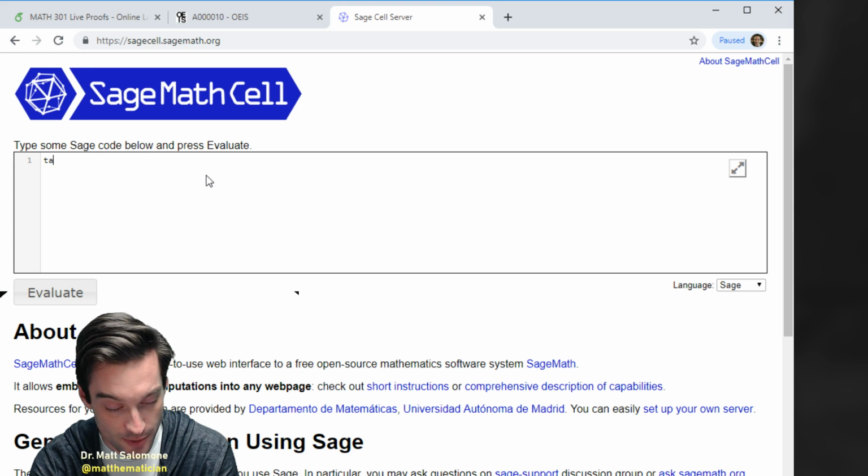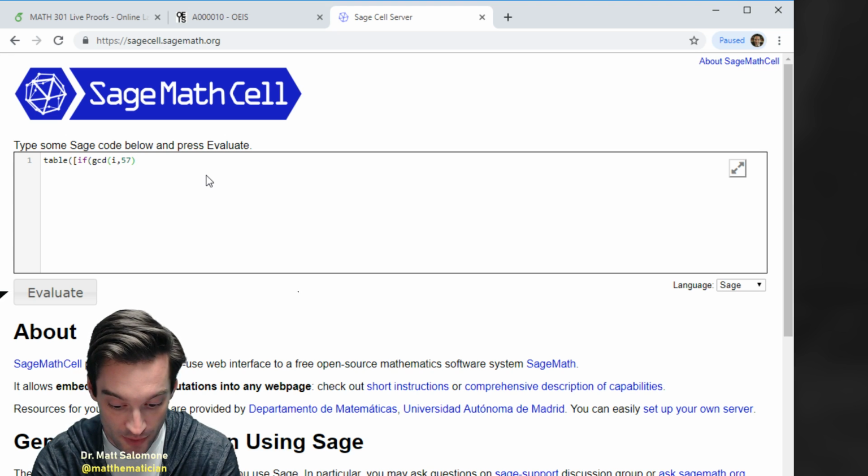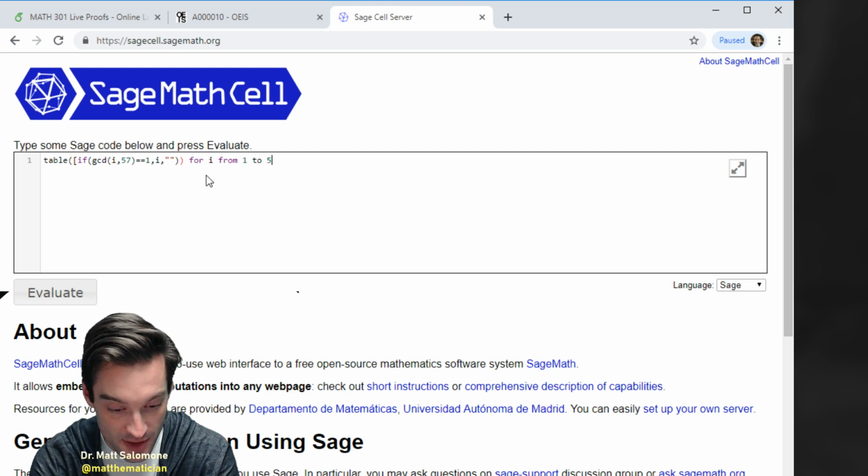So how do I get Sage to do that? I need an if statement. So table: if the GCD of i with 57 is equal to 1, then I want i, otherwise I want nothing. And I want this for i from 1 to 56.